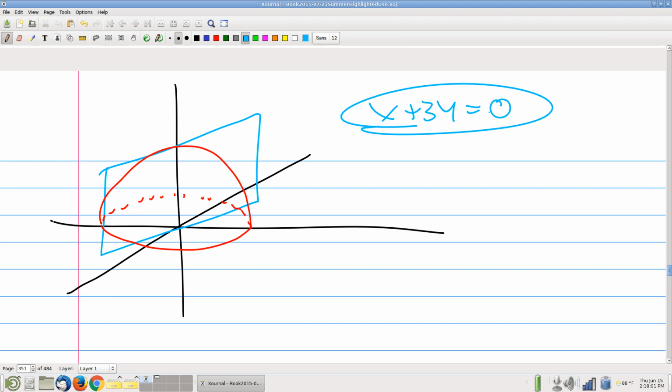Okay. Now, the annoyance is we've got to check, does the function have odd symmetry, right? And there's different ways to see this. I'm going to show you the most blunt way to do this, and I'm going to explicitly find a formula for this reflection. How do you reflect through x plus 3y equals 0?